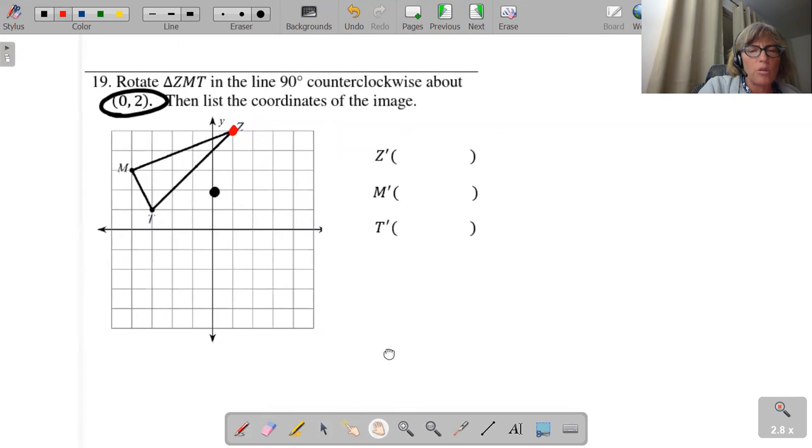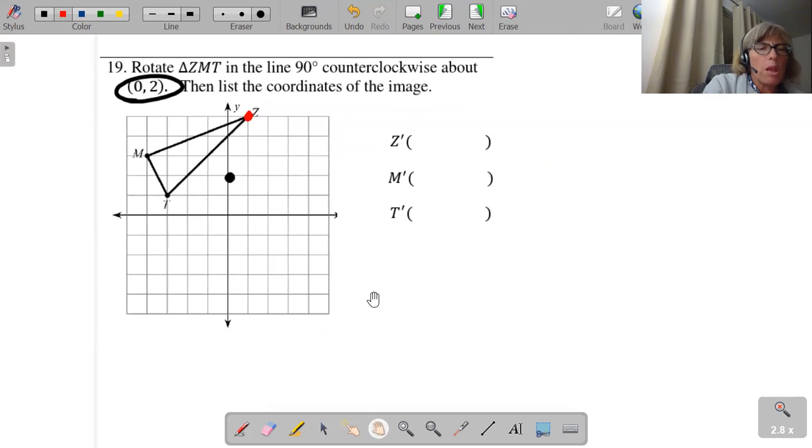That's our final results here. So for Z, the original Z, we have positive 1, 5. For our M, negative 4, positive 3.